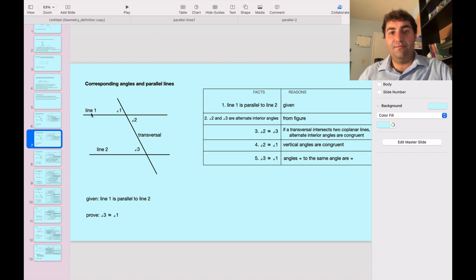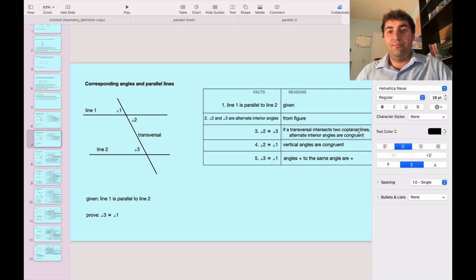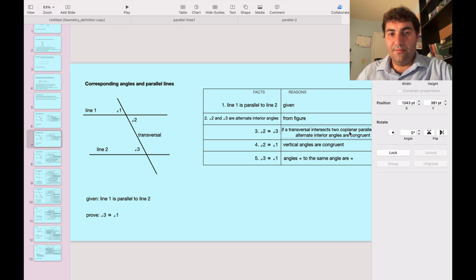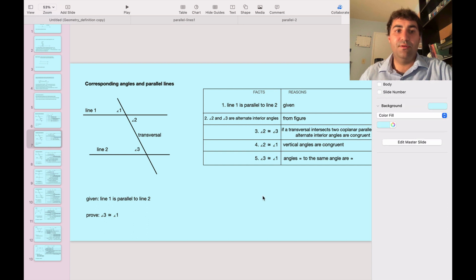And we know if line 1 is parallel to line 2, then if a transversal intersects two coplanar parallel lines, I'm sorry about that, let me just make that change, alternate interior angles are going to be congruent. So angle 2 is going to be congruent to angle 3, right?